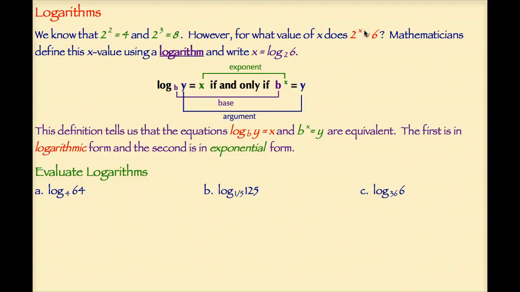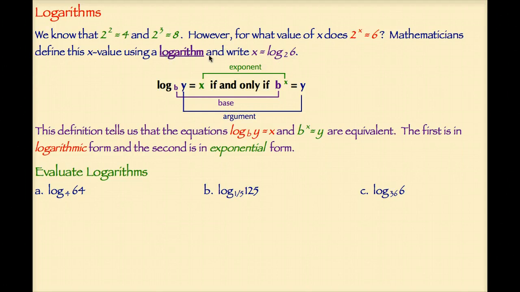And of course it is, but what is it exactly? There's nothing we could do numerically to figure this out. Is it 2.4, 2.5? How accurate do we need it to be? Therefore, mathematicians define this x value using a logarithm and write x, the exponent that we're looking for here, is the logarithm base 2 of 6.